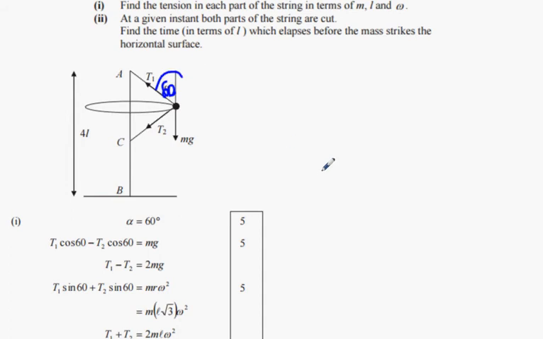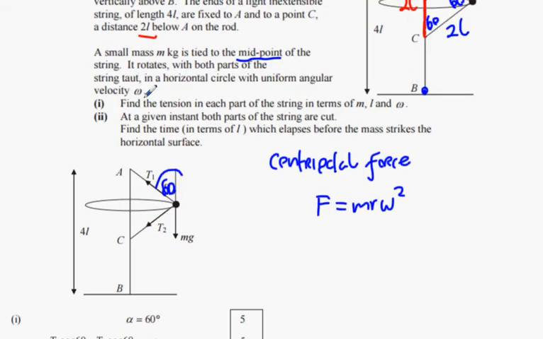Now, all I have to do is have a choice of two different equations. The first one is the centripetal acceleration, centripetal force, if you will. I'm going to use F equals m r omega squared because it mentions angular velocity in the question.